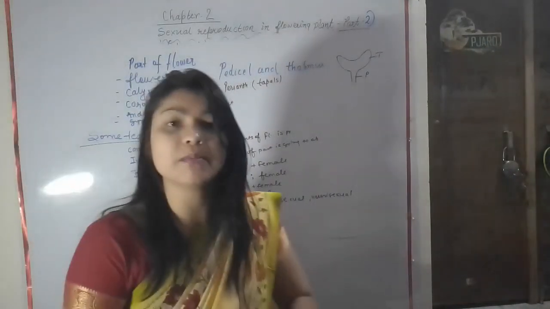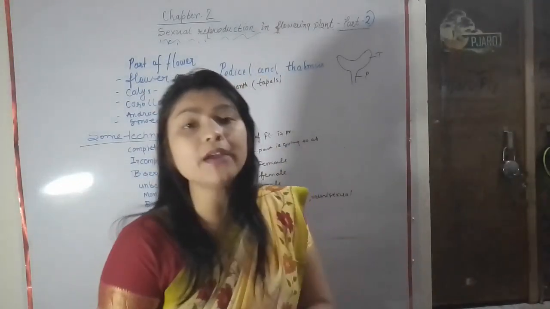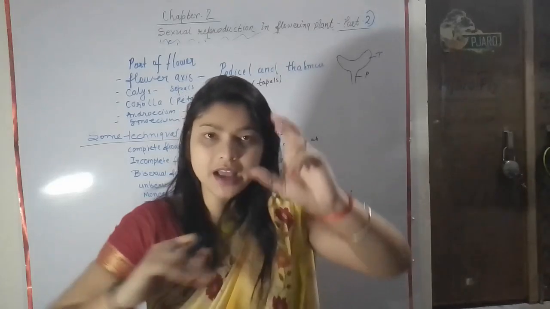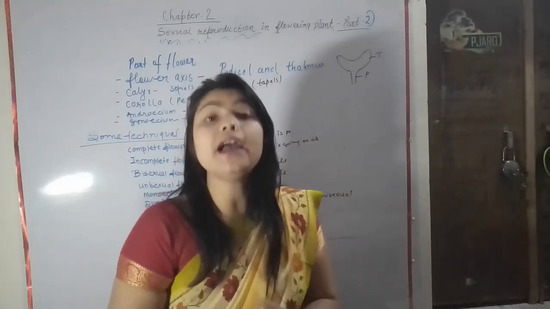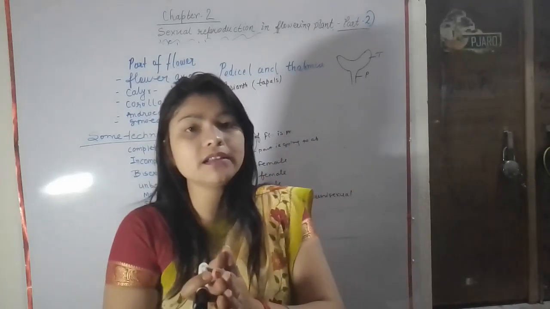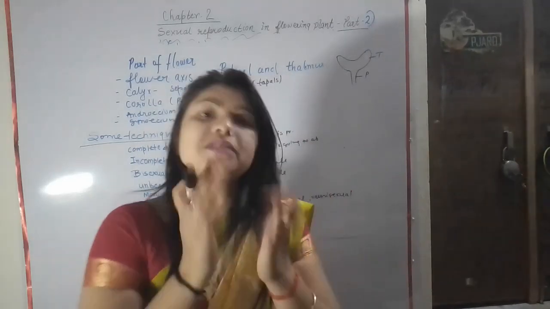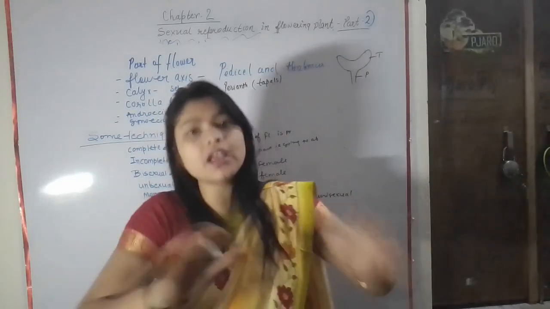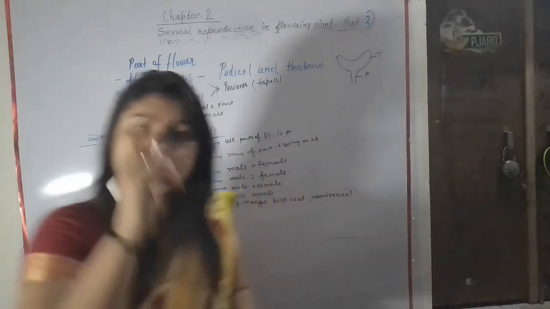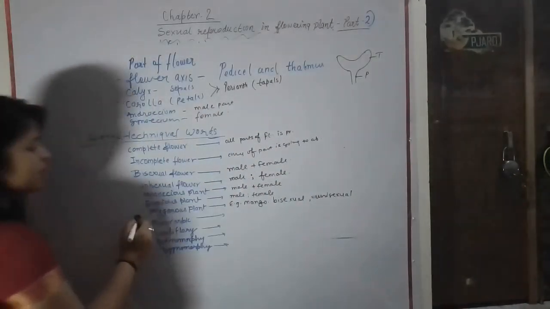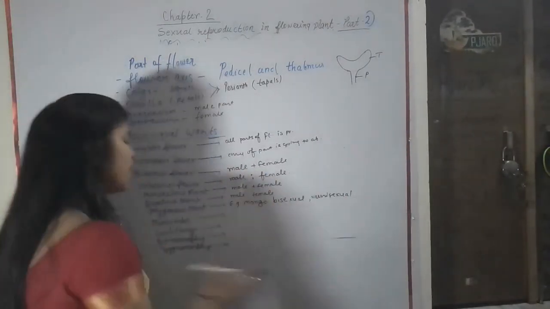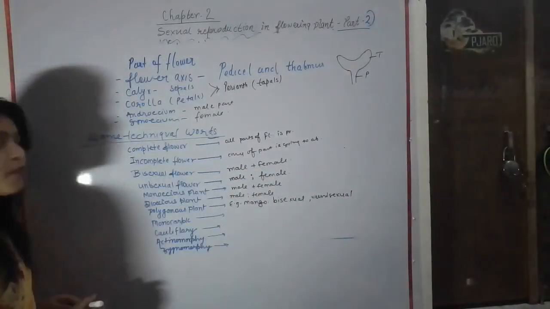If you see the flower of the mango, one flower has both male and female, another flower is the staminate flower, and another flower is the pistillate. Means they have both unisexual flowers as well as bisexual flowers, right? So that condition is known as the polygamous condition, and that type of plant is known as a polygamous plant.